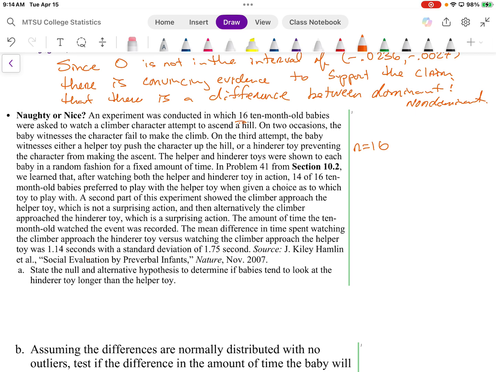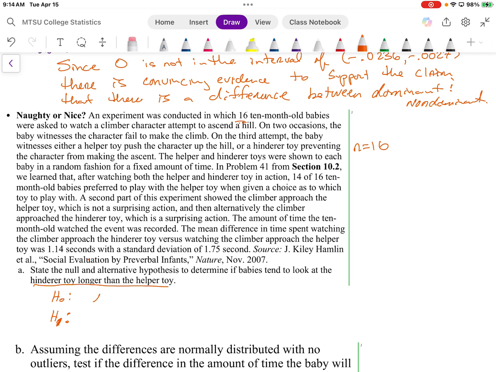They asked us to state the null and alternative hypotheses to determine if babies tend to look at the hinder toy longer than the helper toy. So we've got our null and alternative hypotheses. In our null hypothesis, we're saying that it's equal.